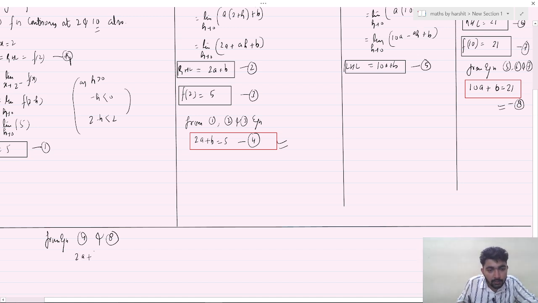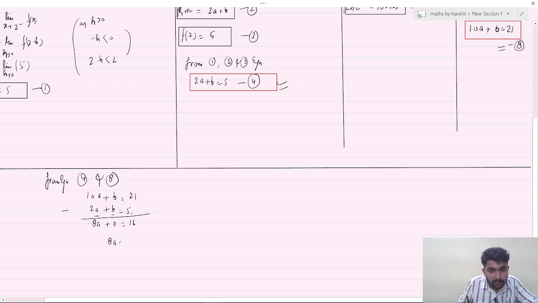So here we have 2a plus b equals 5 and 10a plus b equals 21. Subtracting, we get 8a plus 0 equals 21 minus 5, which is 16. So 8a equals 16, and the value of a will be 2. Now that we have the value of a, we can put it in any equation. We put it in 2a plus b equals 5.